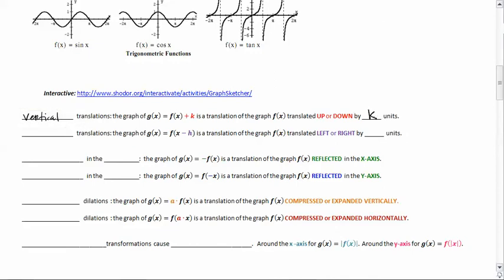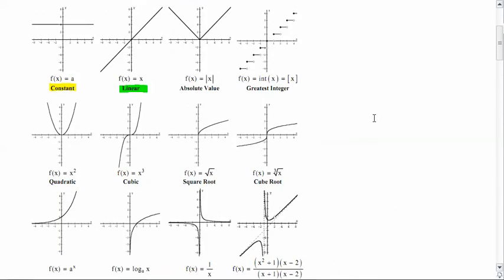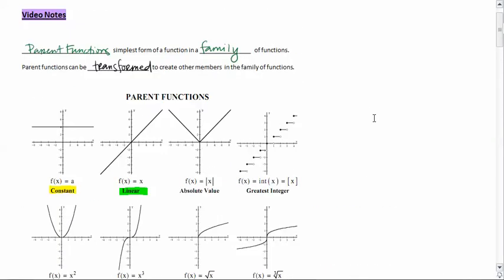So we took this f of x plus k, which means we have f of x up or down by k units, and we ended up with g of x. So if we go back to this linear equation, if we have f of x and we added some plus k, this just means we're moving this up or down by k units. So if this was minus k, we'd move it down by k units, right? And it's obvious in a linear equation because this usually just represents our y-intercept.